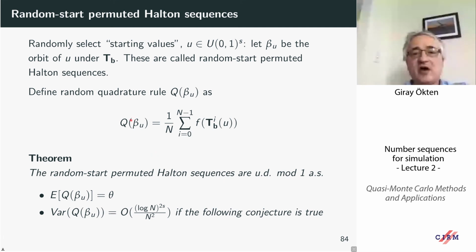Now, for the randomized Halton sequence, we randomly select a starting value U, and then take the orbit of U under the von Neumann-Kakutani transformation using base B, and then we evaluate our function on that orbit. We take the average, and that's going to be our randomized quadrature rule.